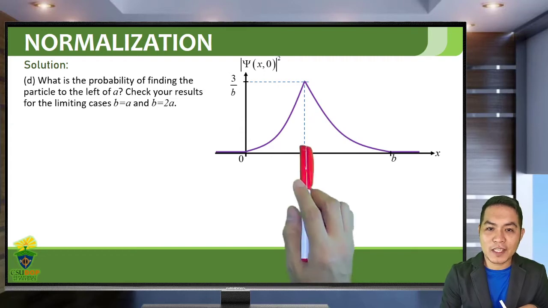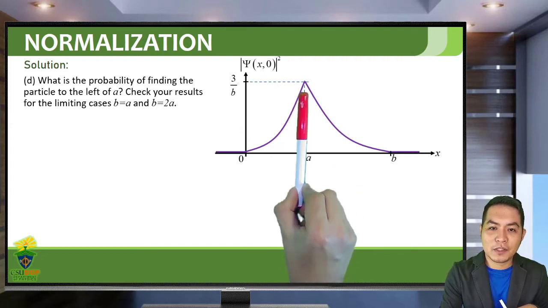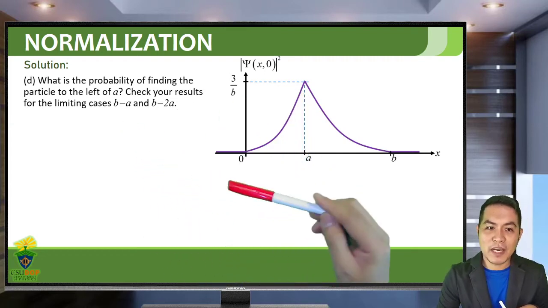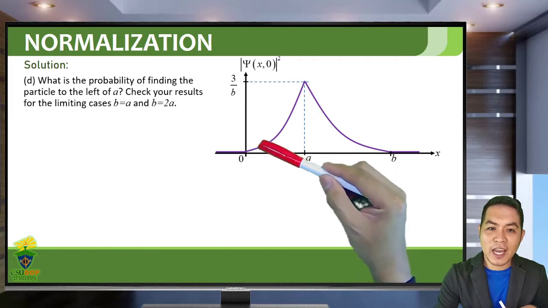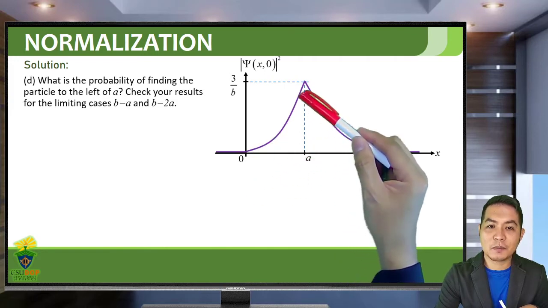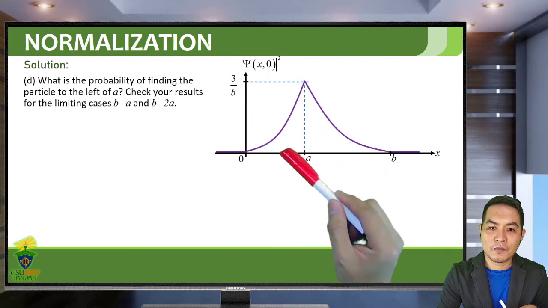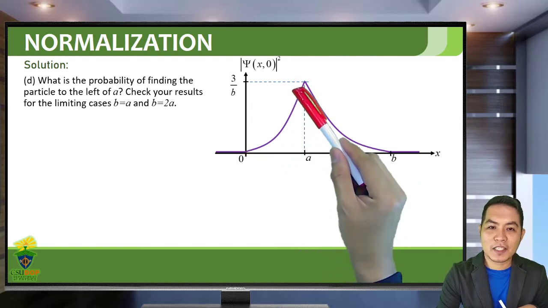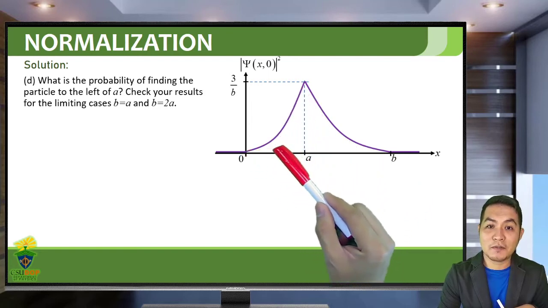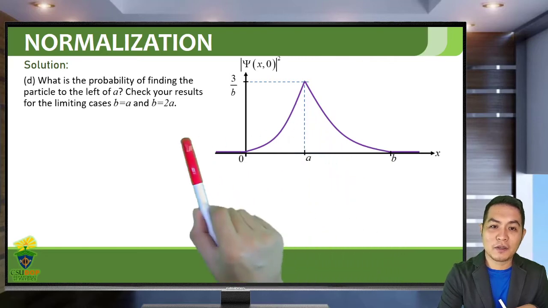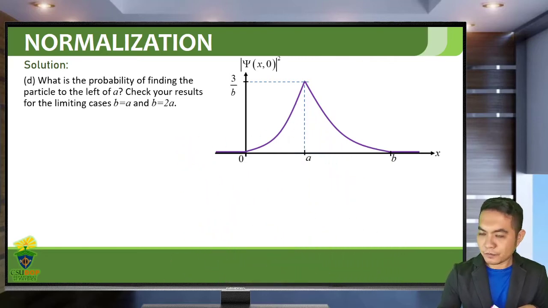So we only need to find the area under this curve from 0 to a, which represents the probability of finding the particle to the left of a.